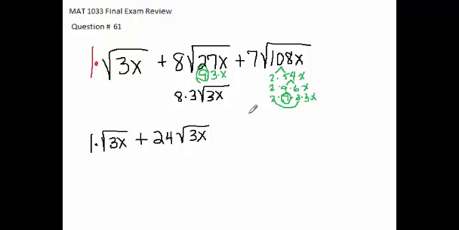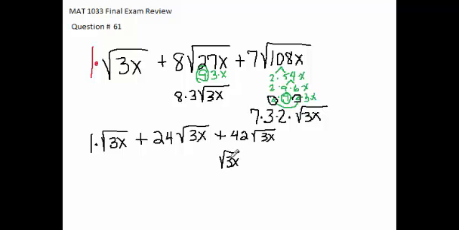So this would be 7 times the square root of 9, which is 3, times the square root of 4, which is 2, times, and then the 3x would stay there as the radicand. So this would be plus 7 times 6, which is 42 square root of 3x. Factoring out that square root of 3x, combining these values, 1, 24, and 42, we end up with 67 square root of 3x.